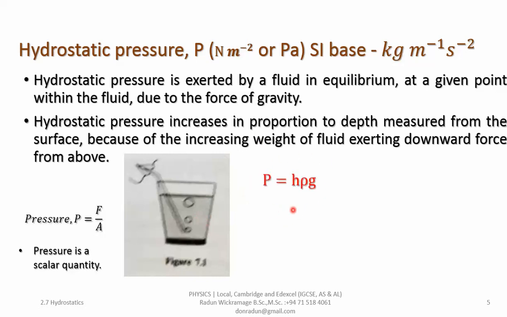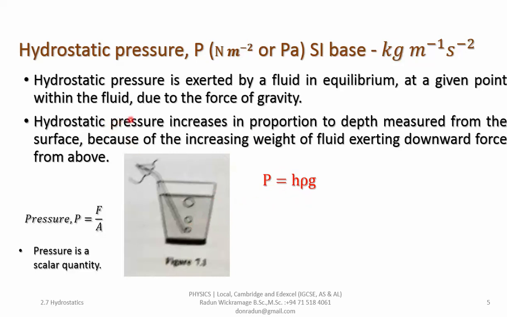I will just give the equation in advance, but we will talk about this later. We will just go through the equation. Hydrostatic pressure at a point is equal to the height from the surface multiplied by the density of the liquid, or density of the fluid.